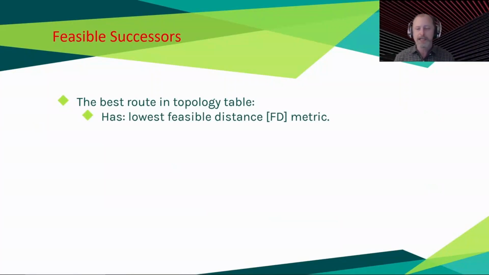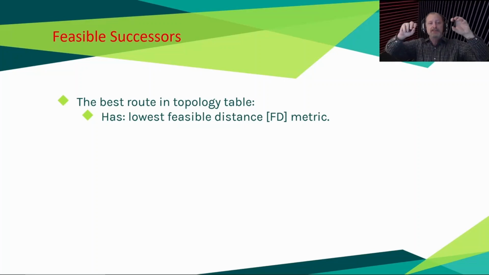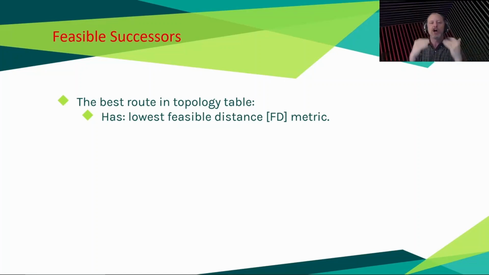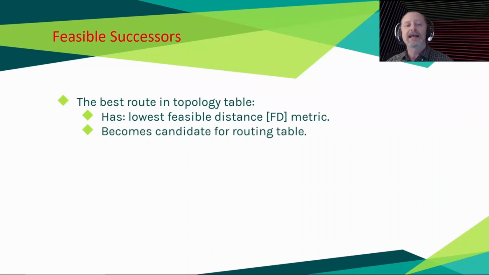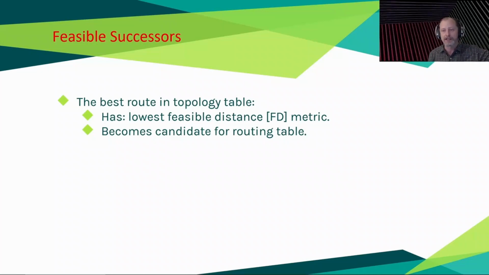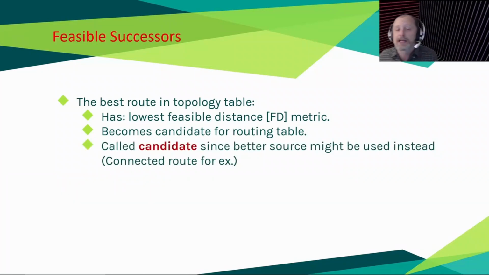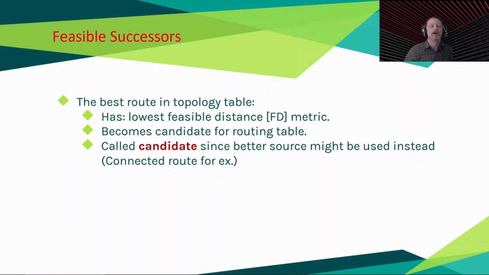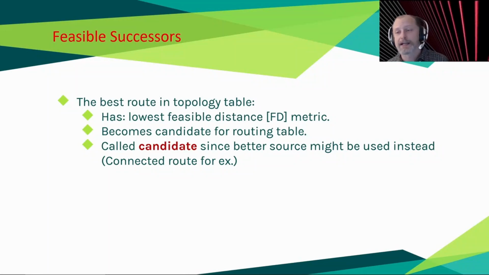All right, so looking at the concept of feasible successors, remember the best route in the topology table is the one that has the lowest feasible distance, or metric. That's going to become the candidate that gets offered to the routing table. We call it a candidate because maybe the routing table gets that same prefix or route from a better source, such as a directly connected route, okay?